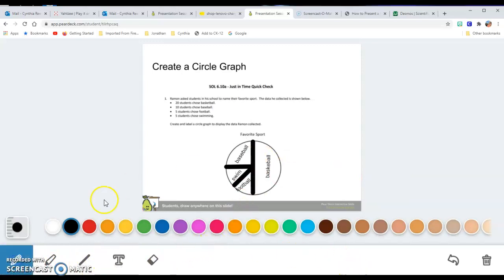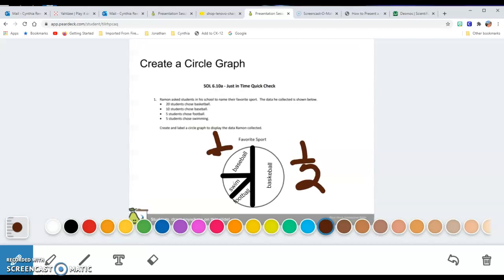So now, what am I going to do? I'm going to go ahead and put my fractions in, because that's what I said I wanted. So I'm going to use brown. So my basketball is 20 out of 40, or basically that is 1/2. This is 1/4.